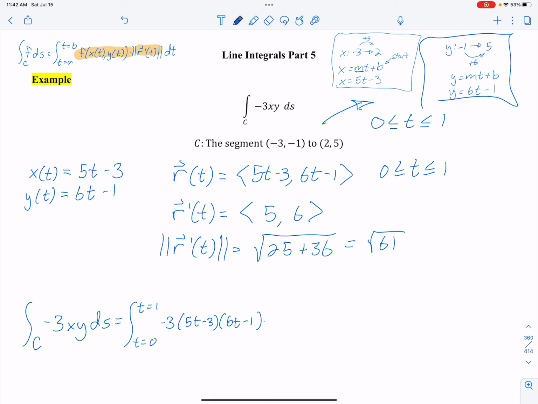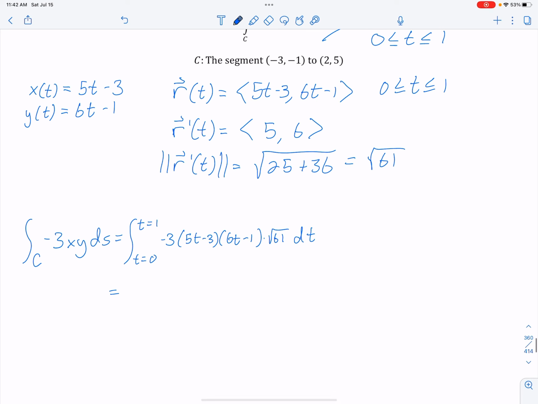Then I times the root 61 dt. All right, let's bring out our -3 root 61 and then go ahead and multiply by using FOIL, or I use a boxing method in my head. 30t squared, I got -18, -5 makes -23t, and then I got a +3. Check with my notes. Yep, everything's looking good.